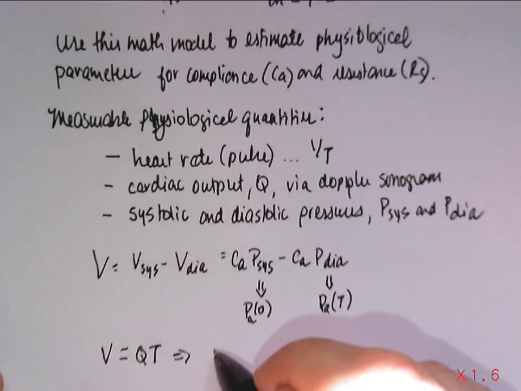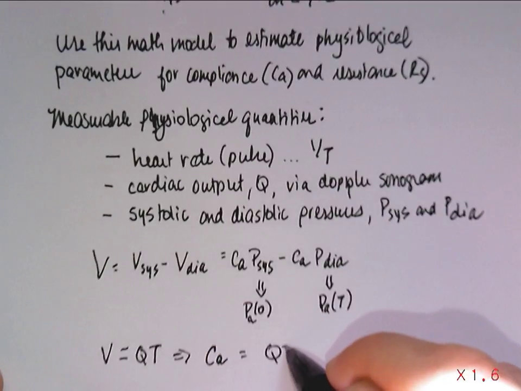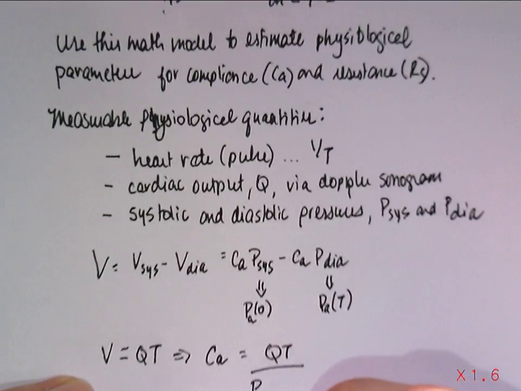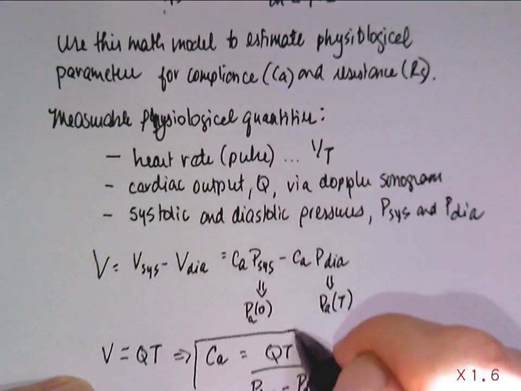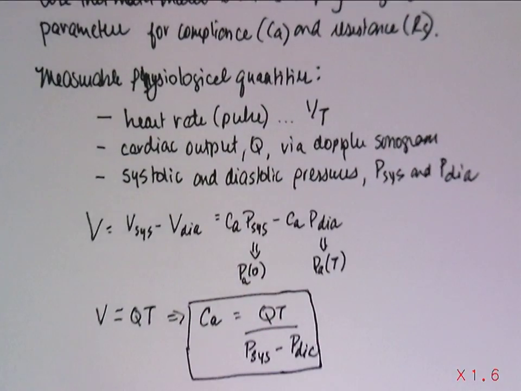It's easy to show that the compliance could be measured as Q times T over the difference there, which would be P-sys minus P-dia. So here's one model of how to estimate someone's compliance, ability to stretch the blood vessels, based on those measurable quantities and using the mathematical model.